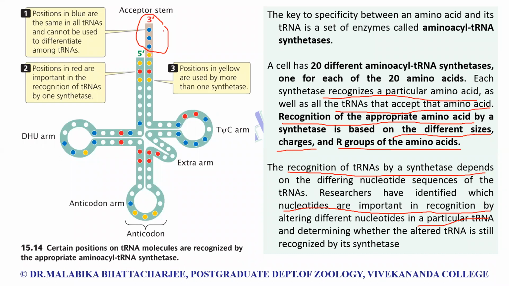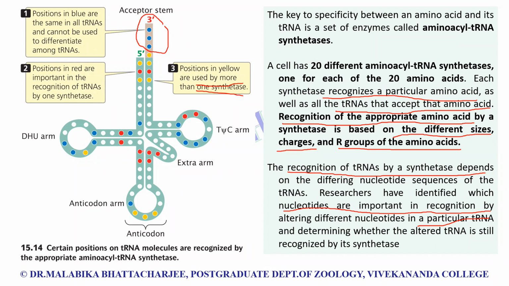Now, if we look into the part where we have certain yellow positions, these are some nucleotide sequences. These nucleotide sequences are also recognized by more than one synthetase. Now coming to the red portions. We have some red nucleotide sequences, which are also known as discriminator bases.